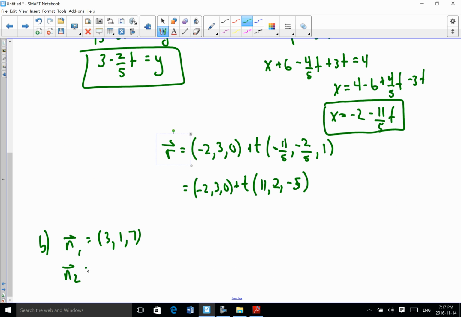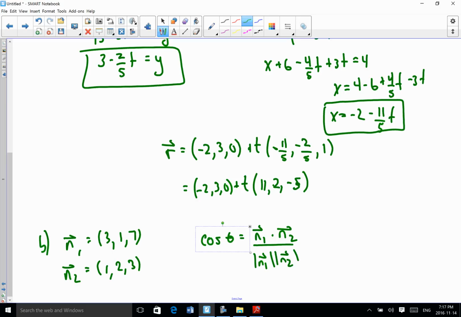Normal number 2 is 1, 2, and 3. Well, we know that the angle that the normals meet at is the same angle that the planes meet at. So we can find our angle by doing dot product. So n1 dot n2 over the magnitude of n1 times the magnitude of n2.